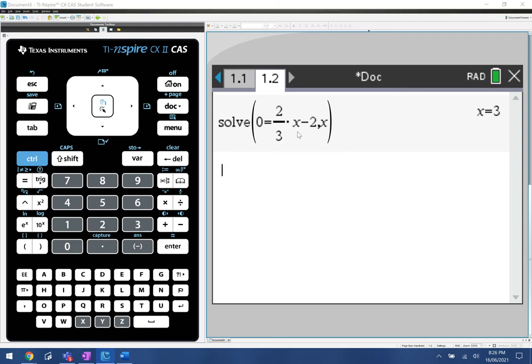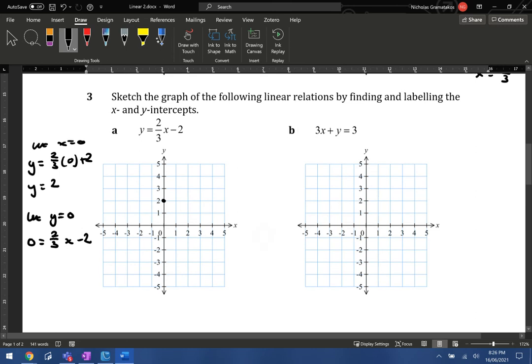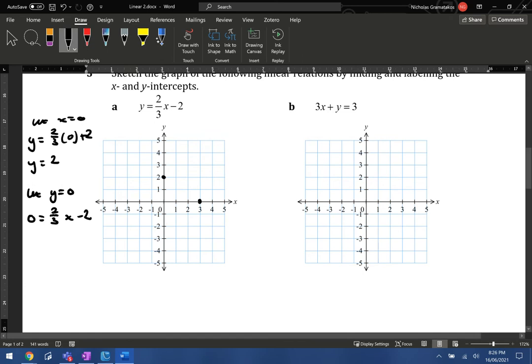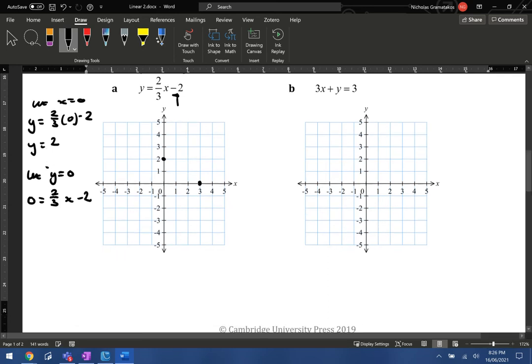So let's jump back over to our problem. Get an x value of 3. And I also realized I've just made a small mistake. I put a plus 2 here when it should be a negative 2. So let's fix that really quickly. Doesn't change too much about working already, fortunately. Whoops. There we go. So that point will move down to here. That looks a little bit nicer.